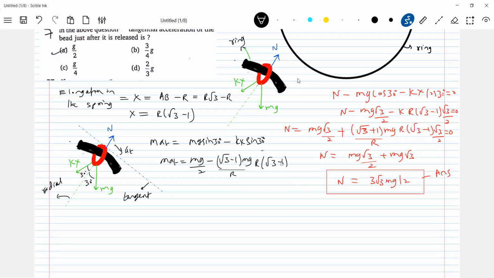X equal to R root 3, no? Then 1 by 2. Substituting, we will get the A tangential. So again I'll get g by 2. Sir, K is root 3 plus 1, sir.